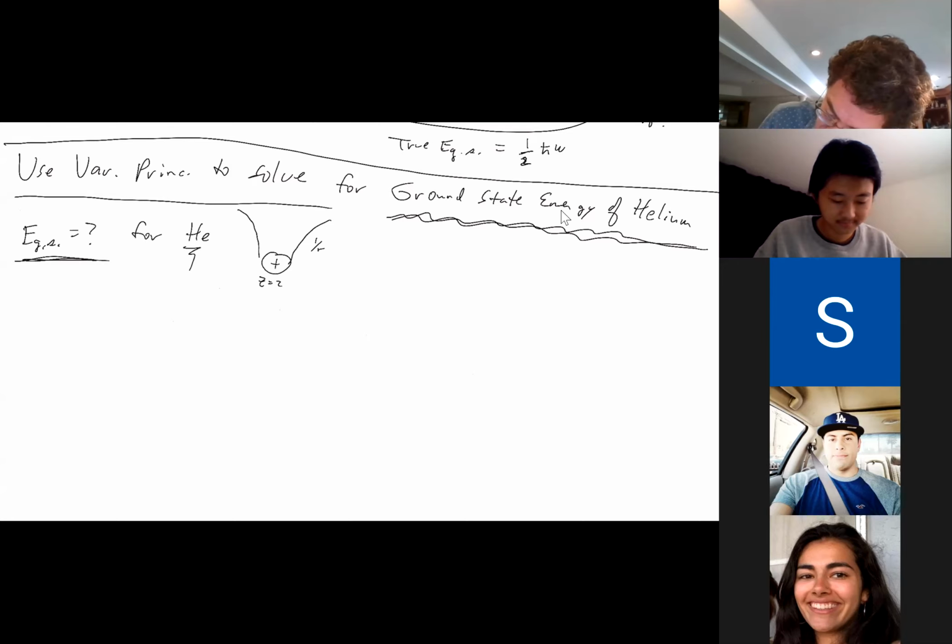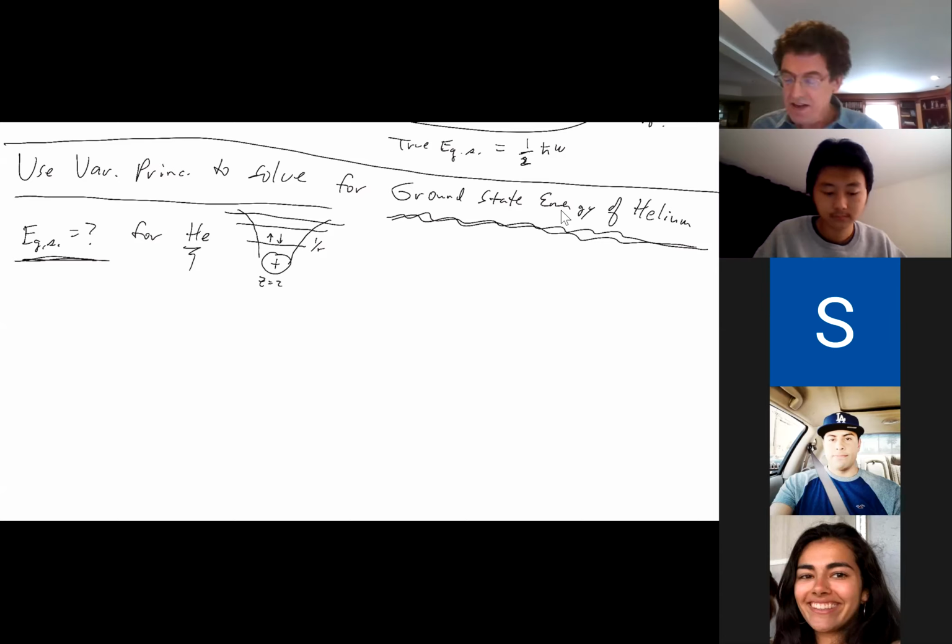And then we get some states, and then we put 2 electrons in this ground state, and they have to have spin up and down, and we have to symmetrize the wave function. We've discussed that because there are 2 identical electrons. Okay, so that's helium.